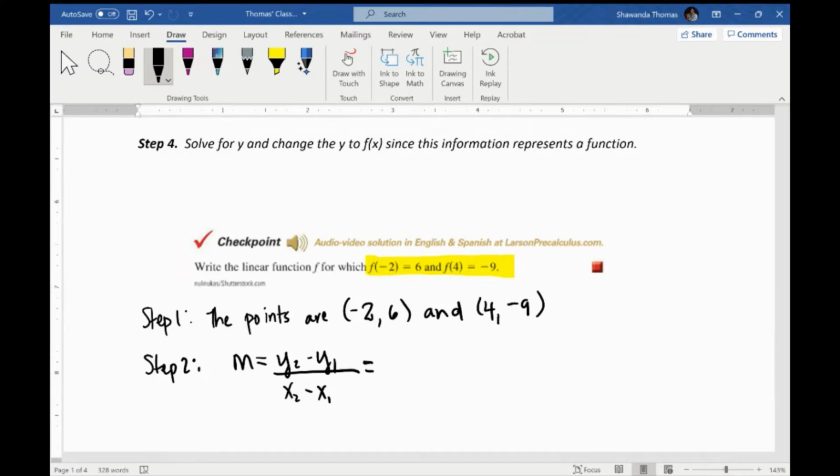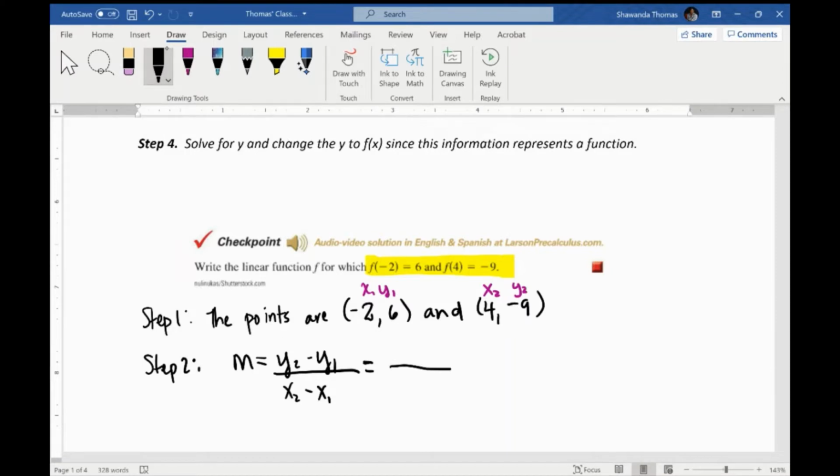The next thing I want you to do is identify what x1, y1, x2, and y2 are. That's just saying this is the first set of points, and this is the second set of points.